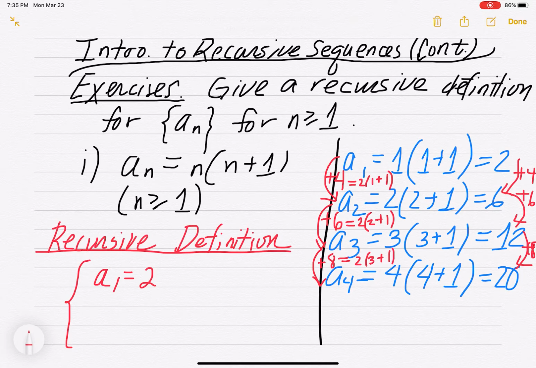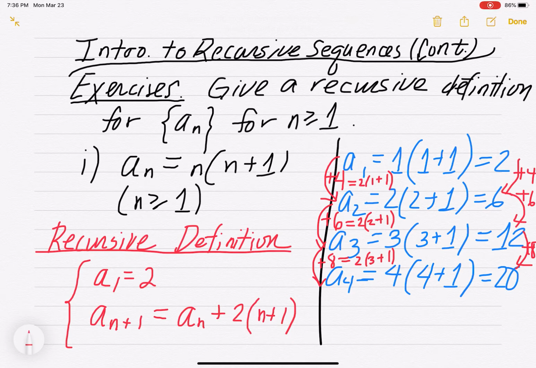So, to get to the n plus 1th term, we call that a sub n plus 1, we have to start off with the nth term, a sub n, and we're adding 2 times n plus 1. Right? To get from the third term, a sub 3, to the 4th term, I had to add 2 times 3 plus 1.